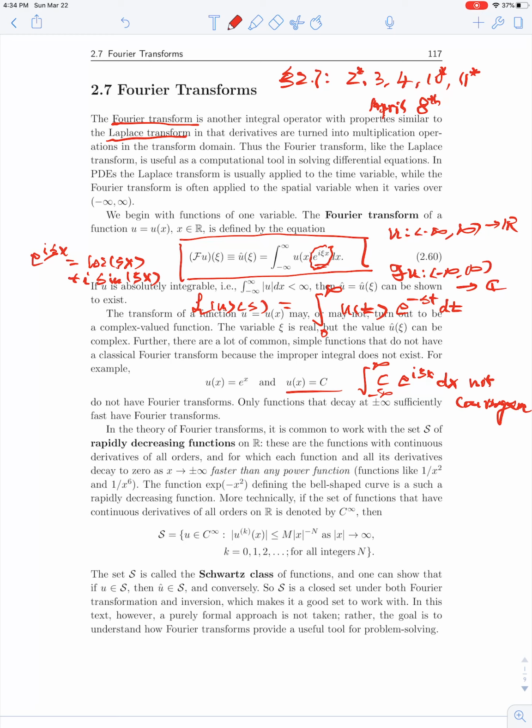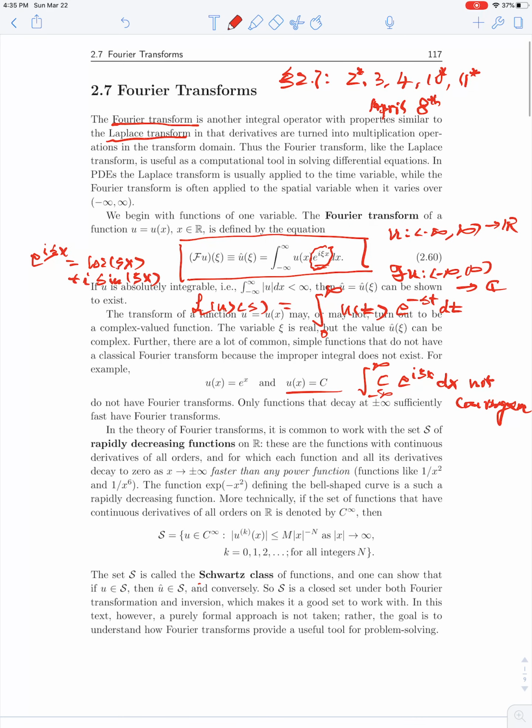So it is a very ingenious idea by a French mathematician called Schwartz, and he defined a class of functions where you can define a Fourier transform, and this class of functions is usually referred to as the Schwartz functions.